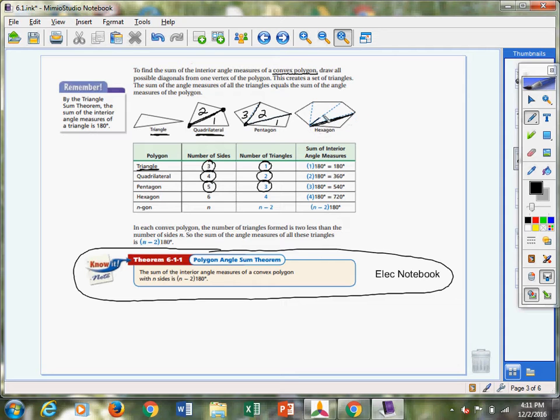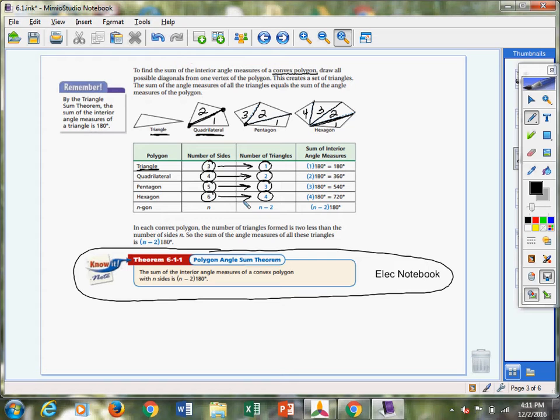We can go from here to here, here to here, and here to here, forming four different triangles. So six sides gives us four triangles. There's a pattern here: three sides, one triangle; four sides, two triangles; five sides, three triangles; six sides, four triangles; and so on.